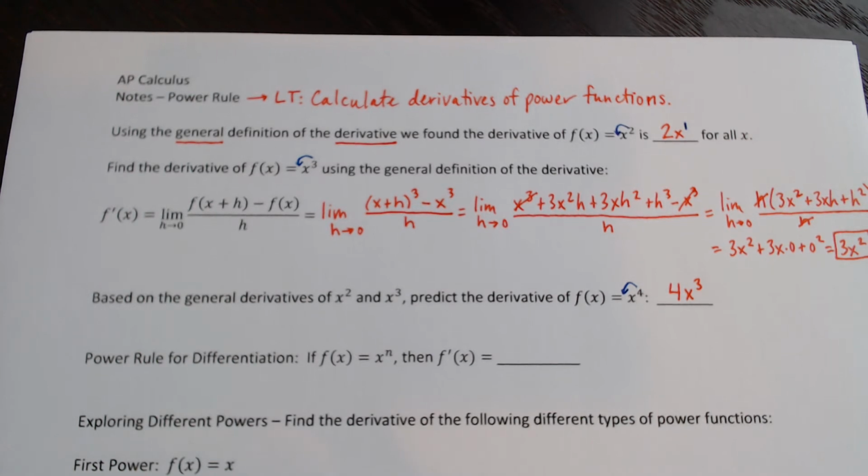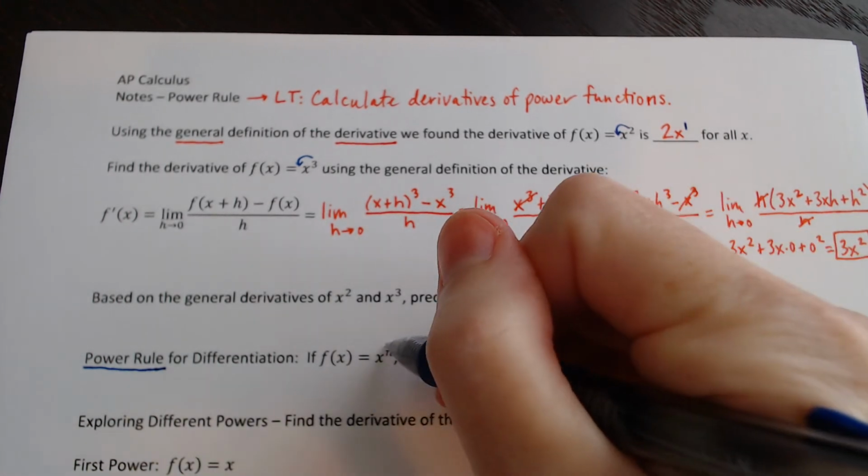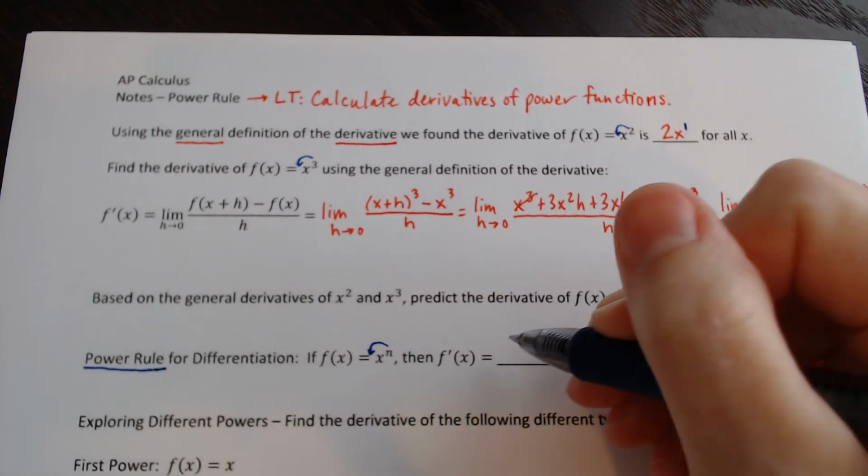So now that we recognize and are getting comfortable with this pattern, let's come up with a general rule, and we'll call it the power rule, for any power function x to the n, where n represents any power. Our first step was to recognize that the power becomes the coefficient.